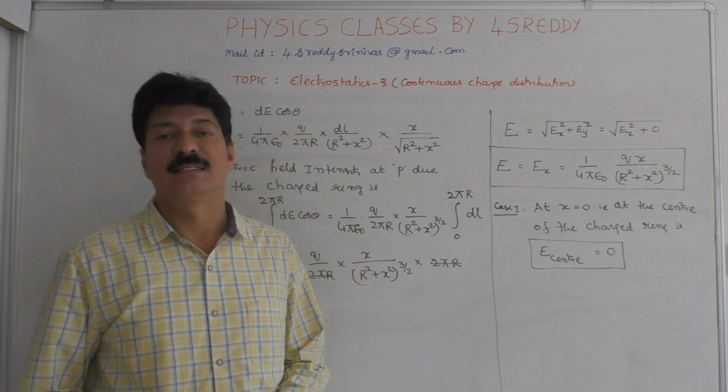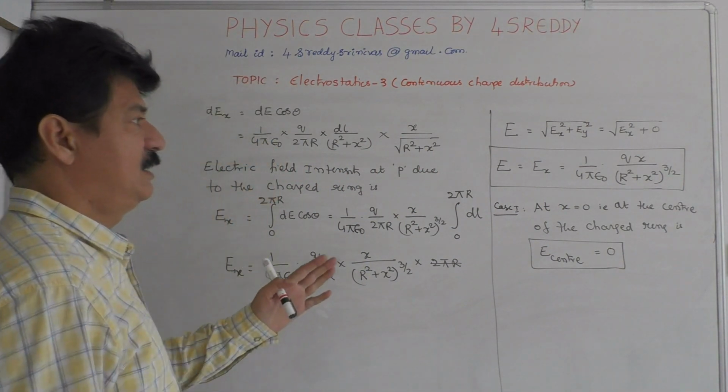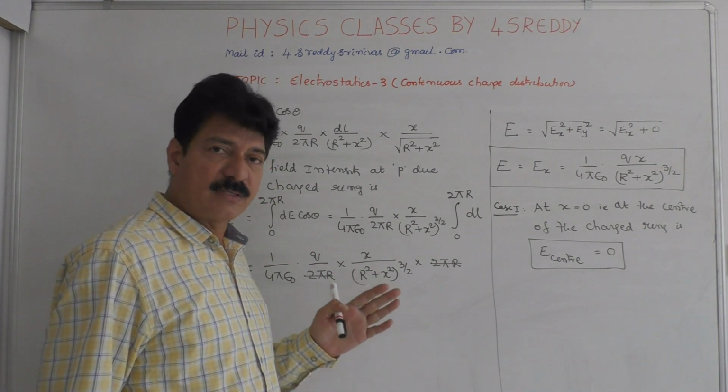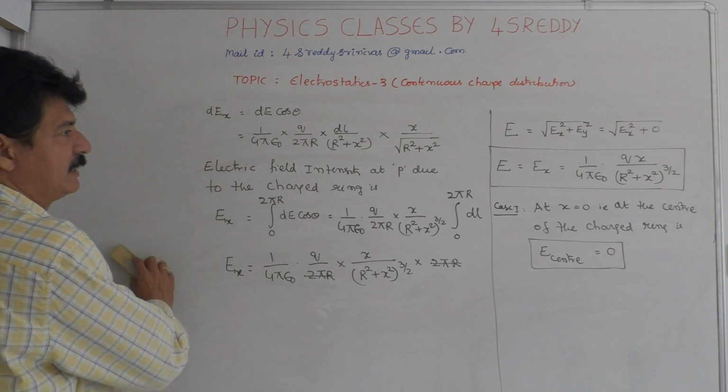Now at what distance is that E value maximum? This is the formula: 1 by 4 pi epsilon qx by (r square plus x square) whole power 3 by 2 is the formula for the electric field intensity.